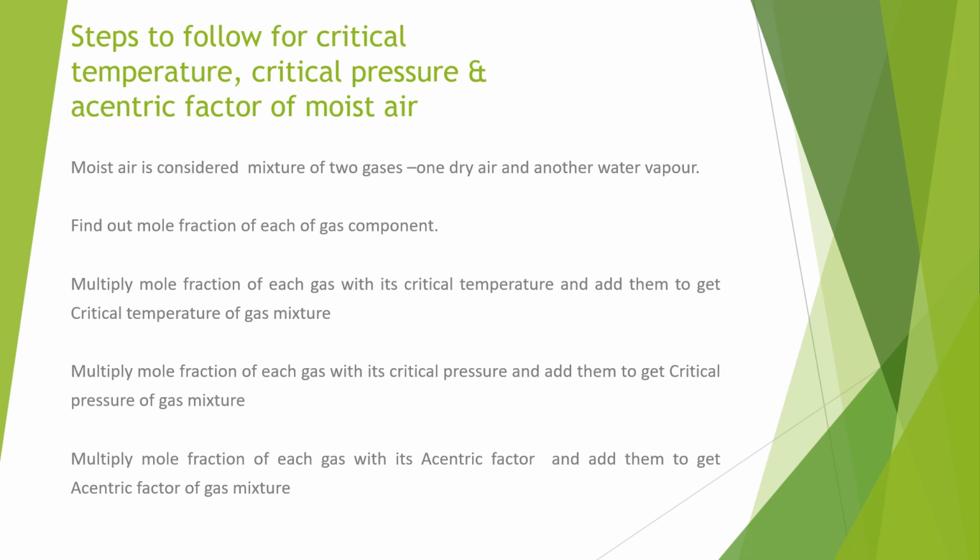Multiply the mole fraction of each gas with its critical temperature and add them to get the critical temperature of the gas mixture, that is moisture. Multiply the mole fraction of each gas with its critical pressure and add them to get the critical pressure of the moisture. Multiply the mole fraction of each gas with its eccentric factor and add them to get the eccentric factor of the moist air mixture.